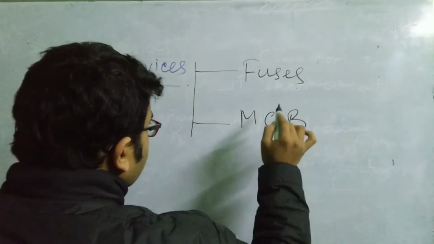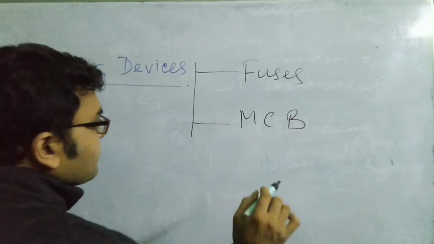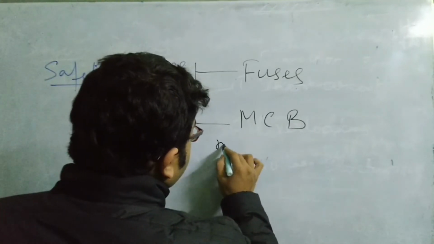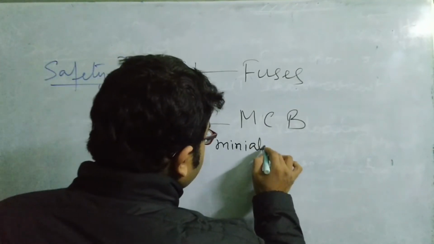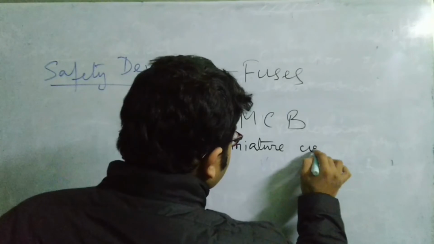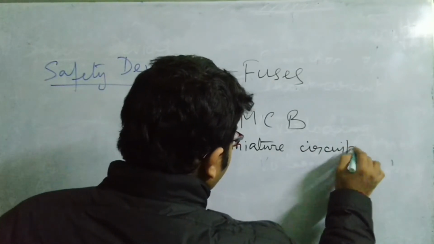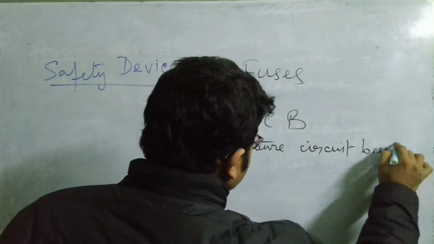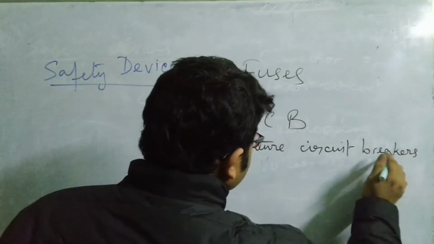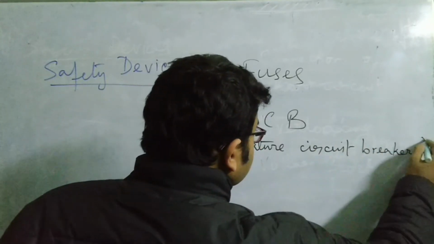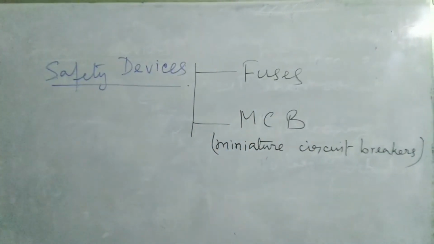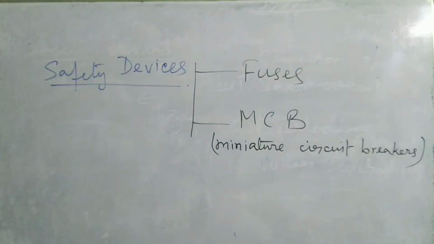This is a kind of modern safety device whose full form is miniature circuit breakers. Okay. So these are the two forms of safety devices that are mainly in your syllabus to be discussed.